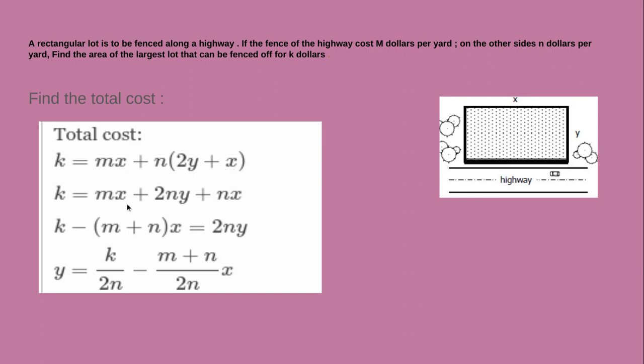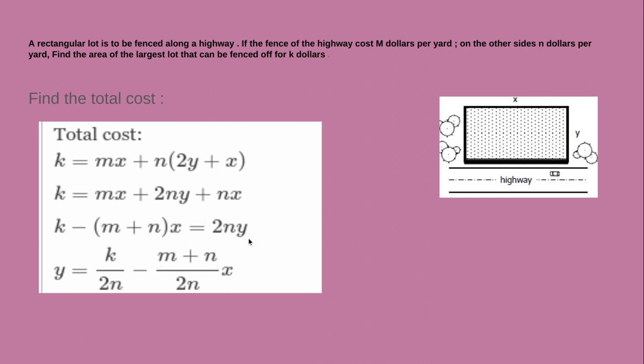Then after getting this equation, we are going to move to the left side the mx plus nx. So K minus quantity of m plus n x is equal to 2ny. In this problem, we are going to find the value of letter y.